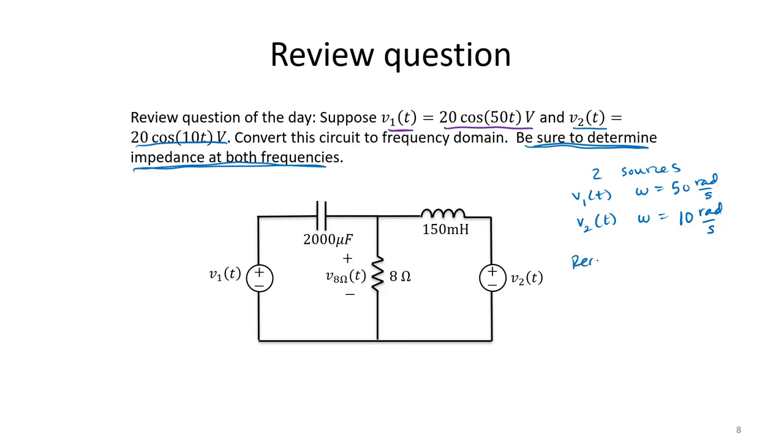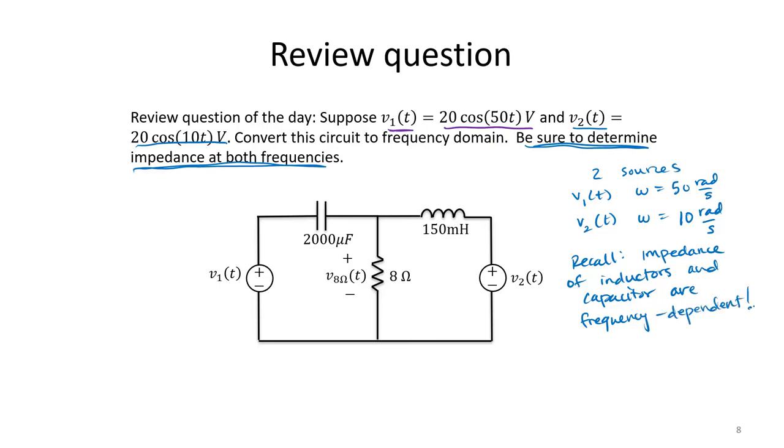And also remember that the impedances of our inductor and capacitor, these impedances are frequency dependent. So you'll remember, impedance of an inductor is j omega L, impedance of a capacitor is 1 over j omega C.